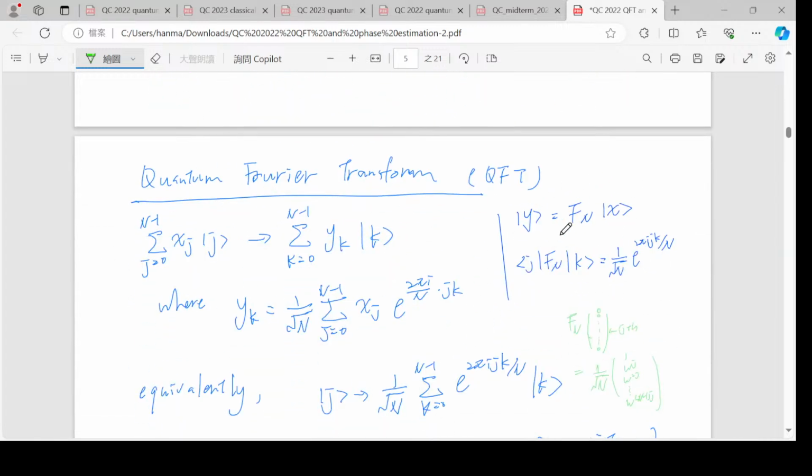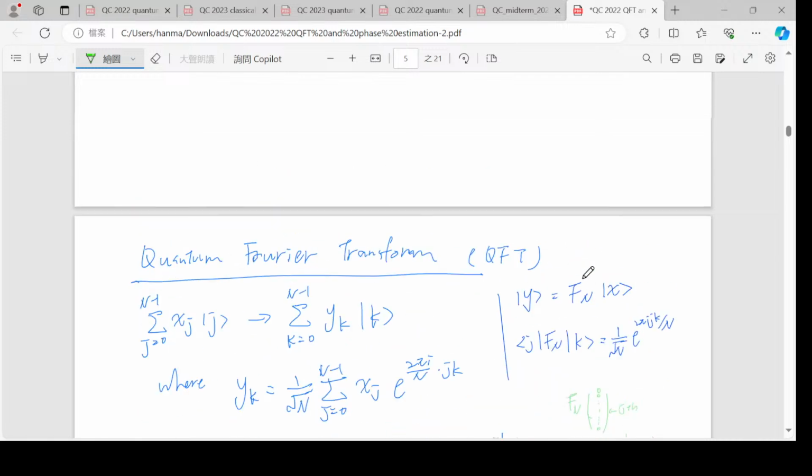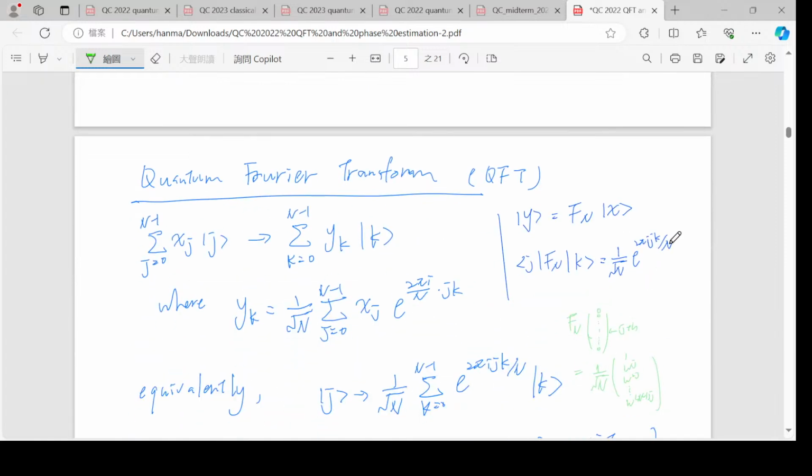So we want to find the unitary matrix F_n such that when you apply F_n on x, it becomes y, where x and y are related by this frequency domain and time domain transformation. F_n's jk element will be the same as before, e to the 2 pi i jk divided by n times 1 over root n, just like the classical discrete Fourier transform matrix.